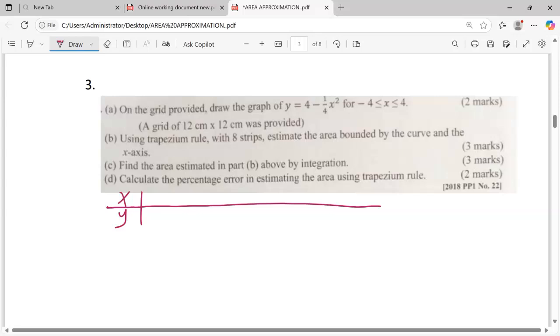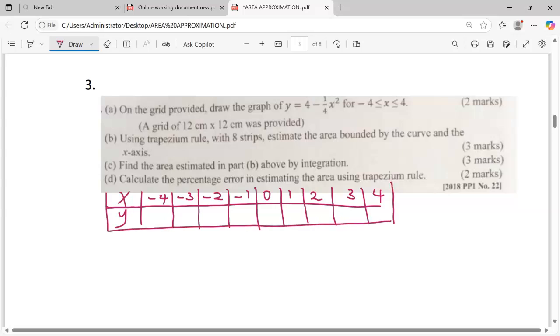The first value is -4, the second is -3, -2, -1, 0, 1, 2, 3, and finally 4.